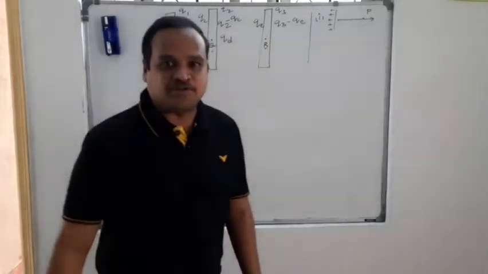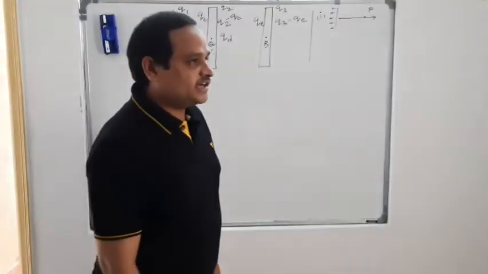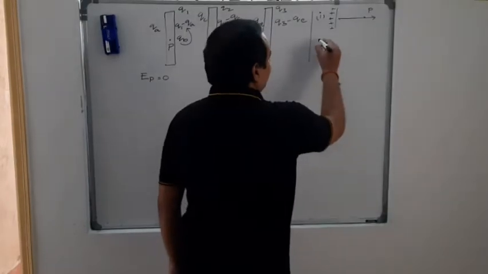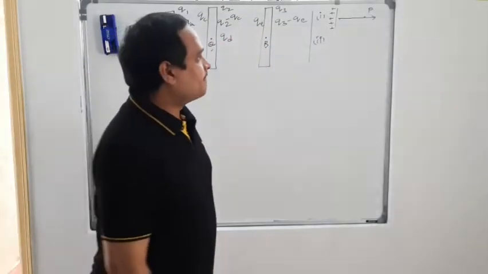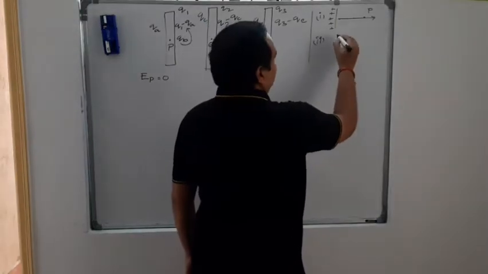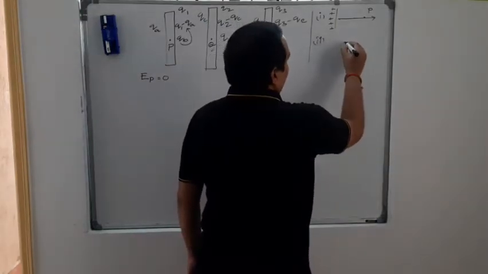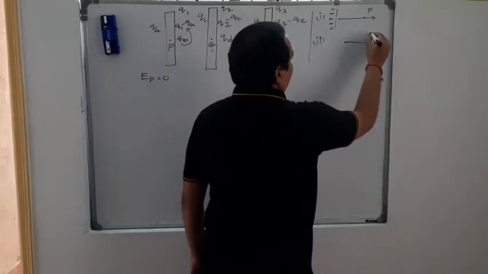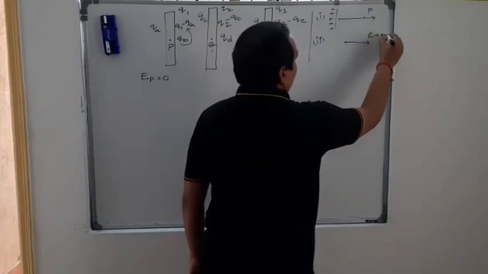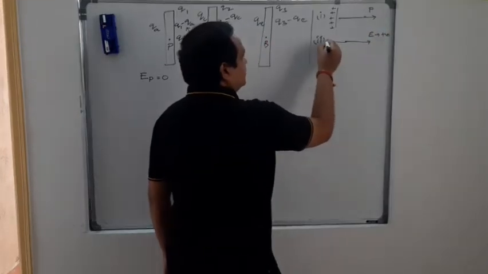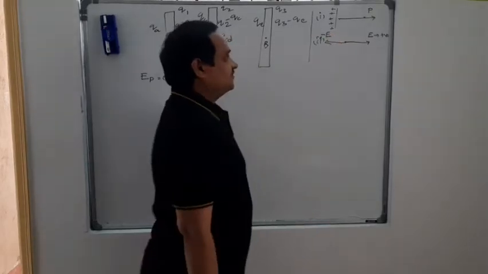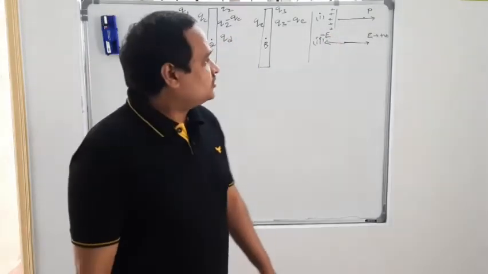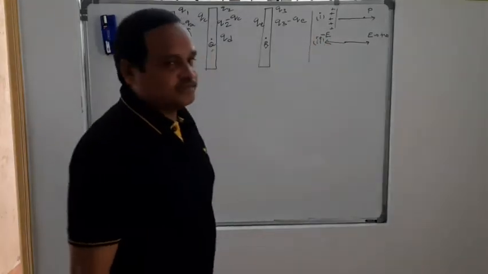That's the first point you have to understand. And the second point is, listen, electric field towards the right side I am taking as positive, and electric field towards the left side I am taking as negative. So these are the two conditions which I am following.